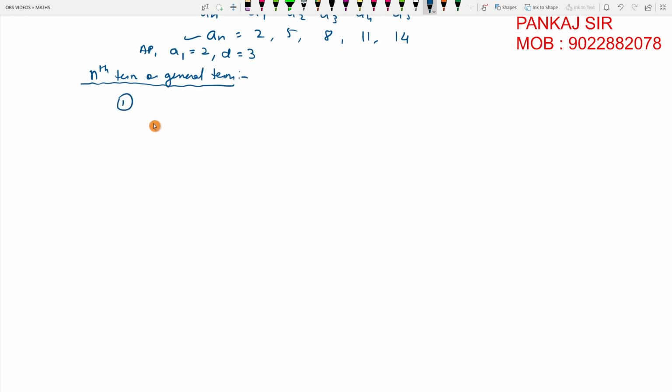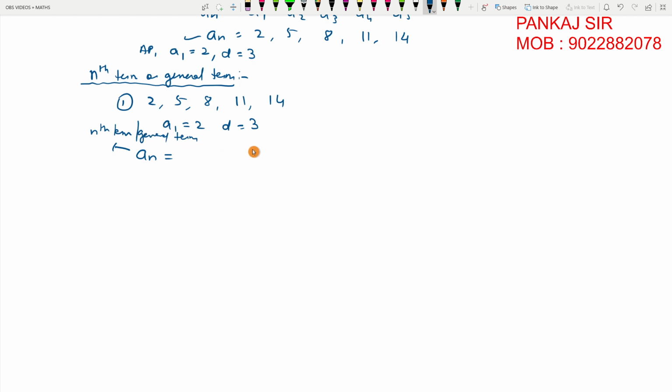It was 2, 5, 8, 11, and 14, right? And A1 was 2 and D was 3, isn't it? Now this sequence can be written in the general form, or you can say the nth term.